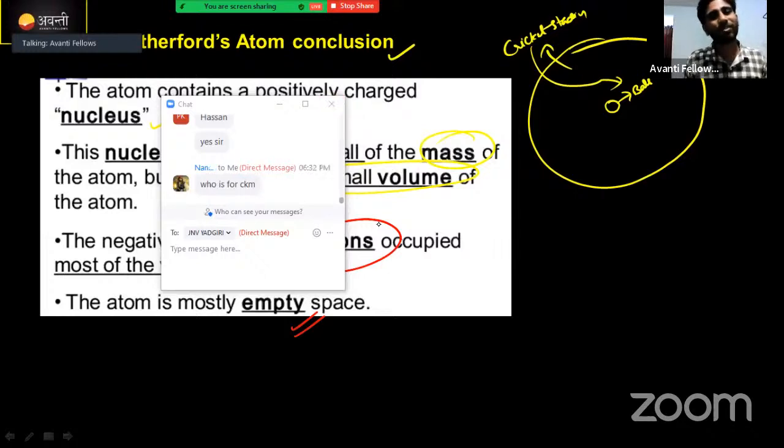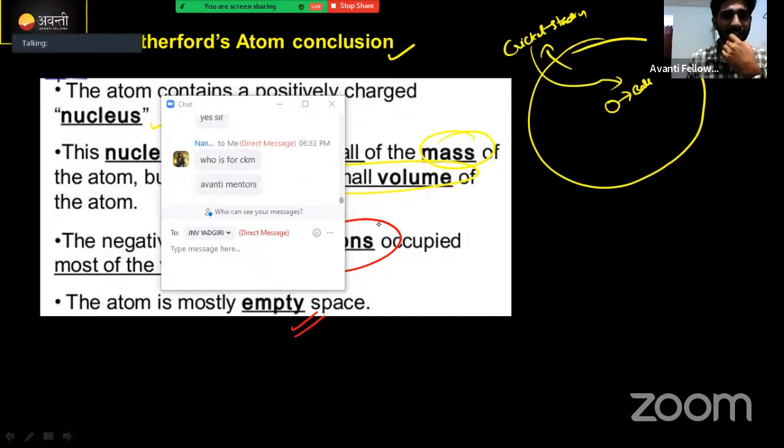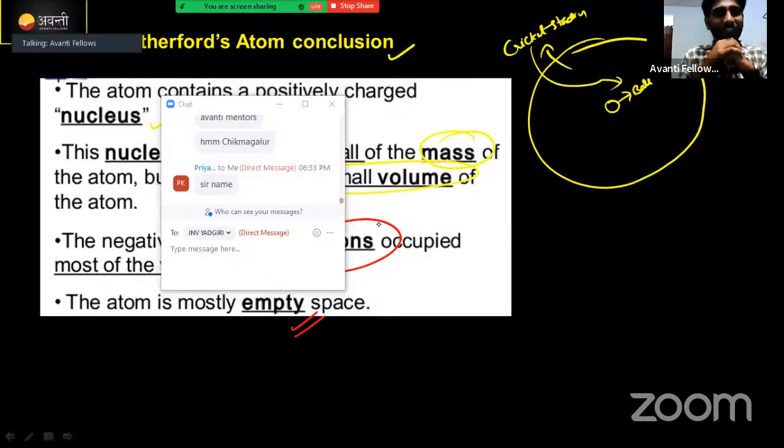Nobody is there, bro. You are the only one from CKM. What is the full form of CKM? That's Chikmagalur, right? I don't know, bro. I don't know actually. Myself, Sham. That's Sham.